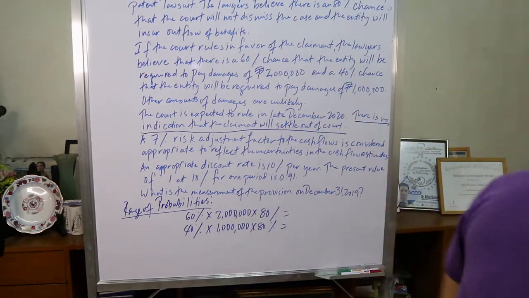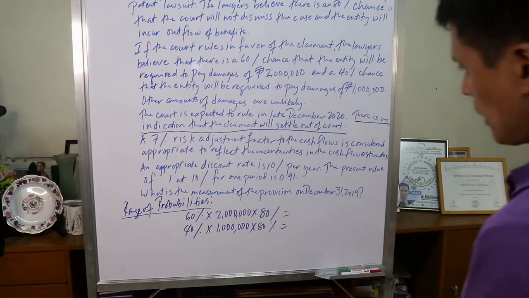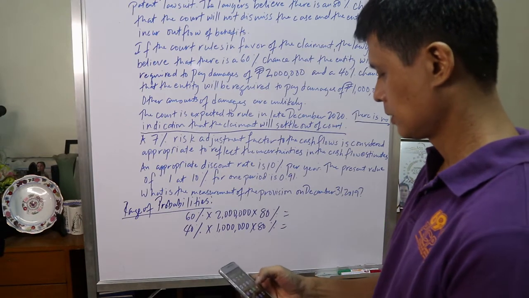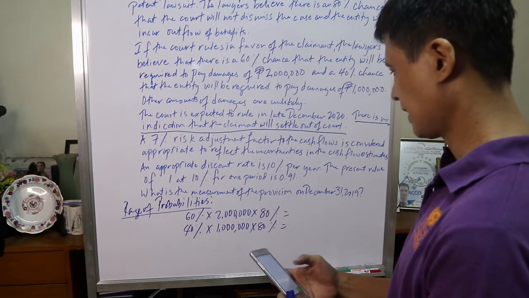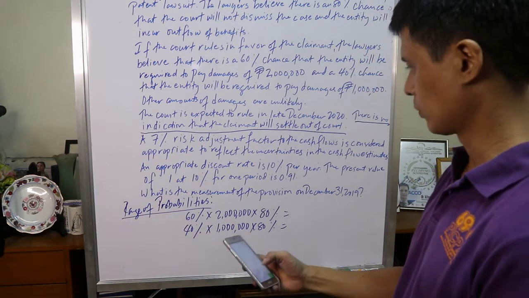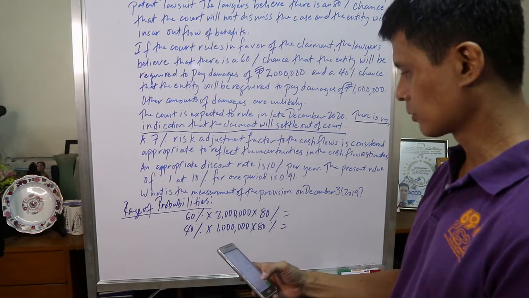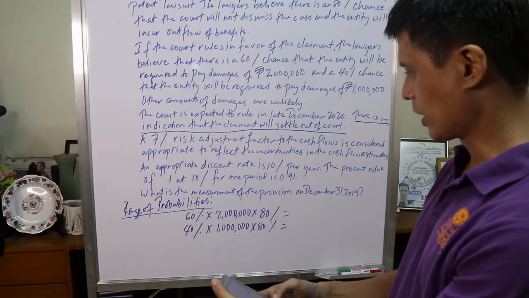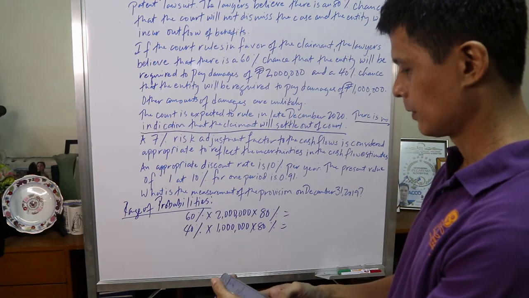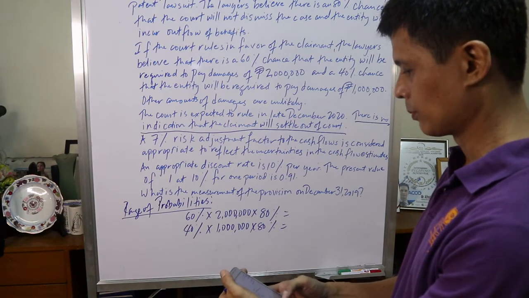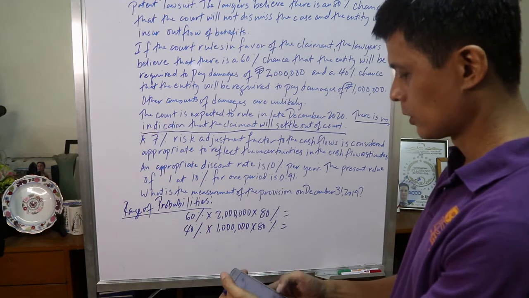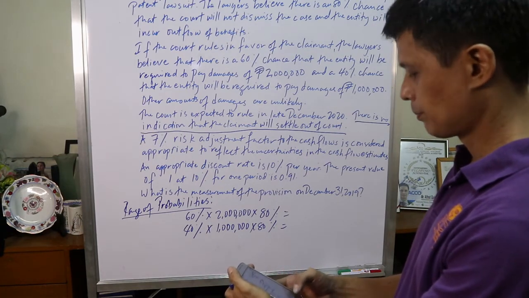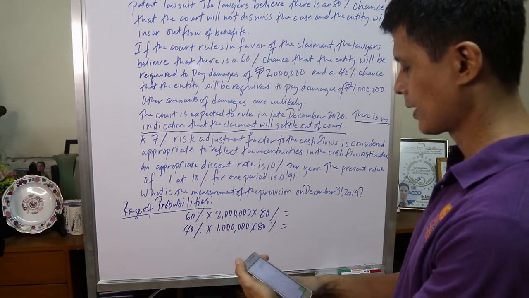Okay, so let's compute that. I need your calculators. So, ayan. Compute. Hindi na ngayon calculator cellphone na no? But I hope accountancy students, no, yung calculator ang gagamitin, hindi cellphone sa pag-compute. So that's 2 million times 0.6 times 0.8. That would give you 960,000.